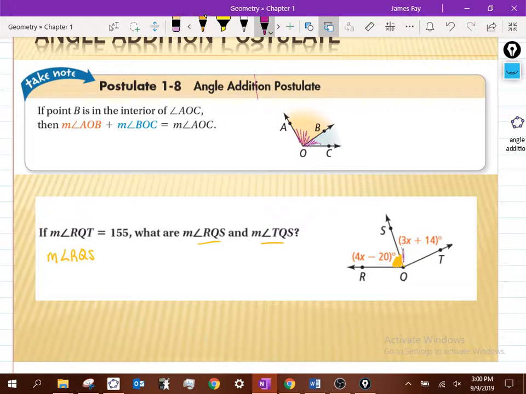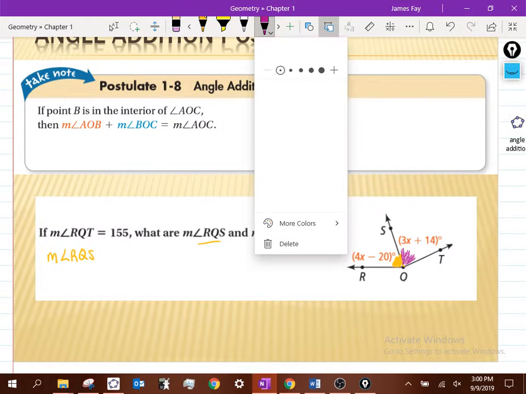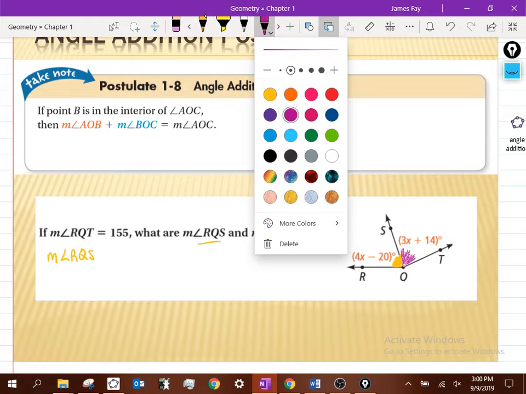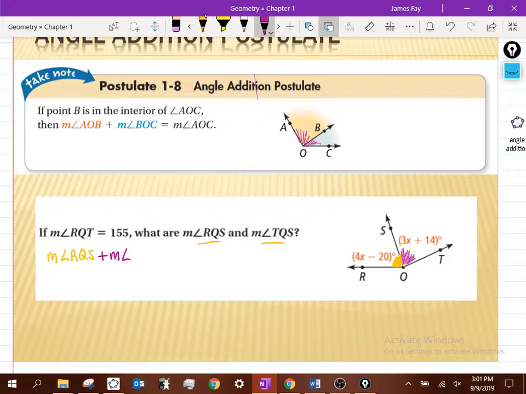Do I also have that purple angle right next to it, SQT? I'm going to add that, so plus measure of angle SQT. Would you all agree that if I add those two together, I'm going to get that overall angle, RQT?